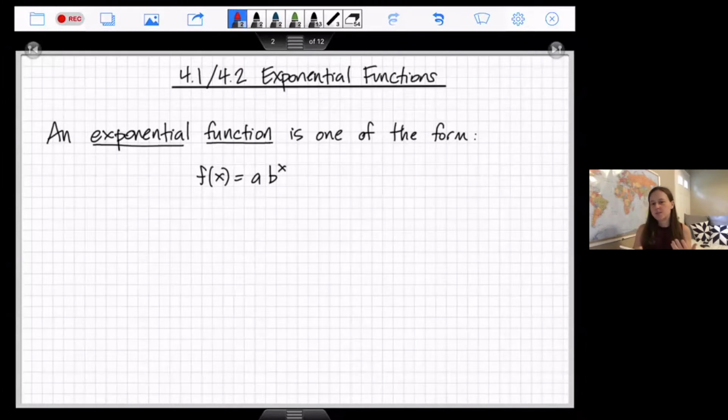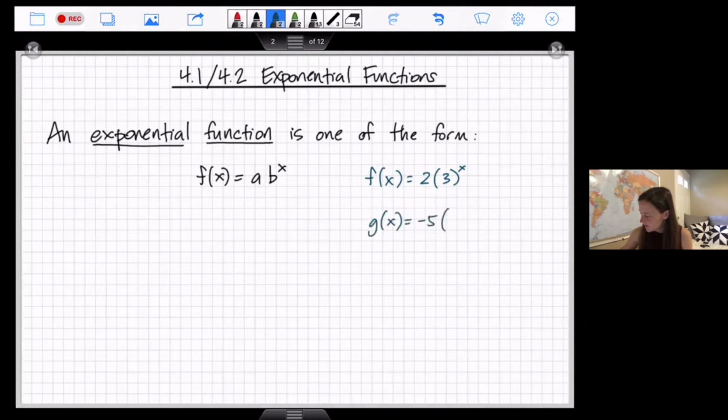All right, so this might be the function, let's say f of x equals 2 times 3 to the x, or maybe g of x equals -5 times 2/7 to the x. In general, the b of the function, the 3 or the 2/7 in my examples, we call the base of the function.